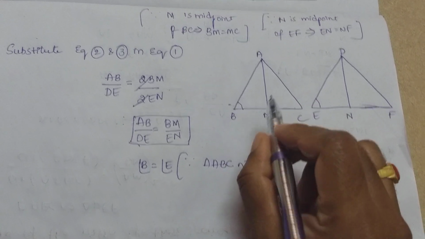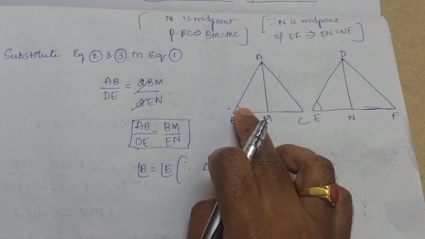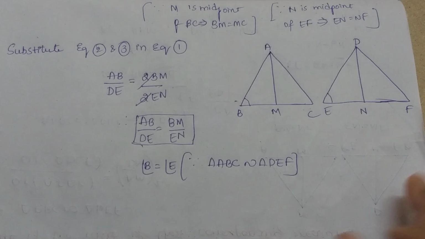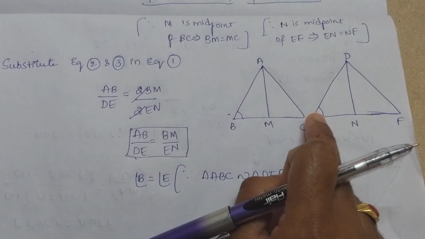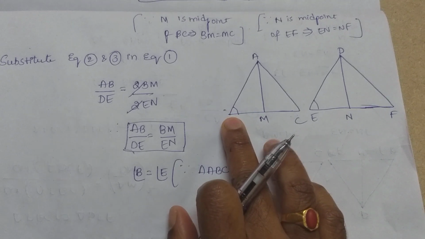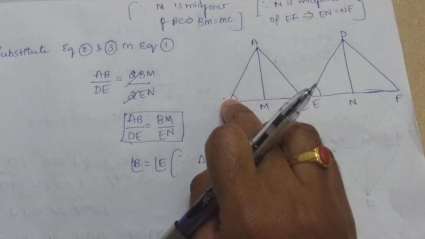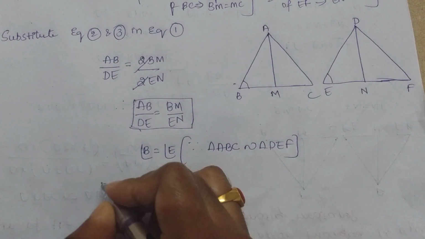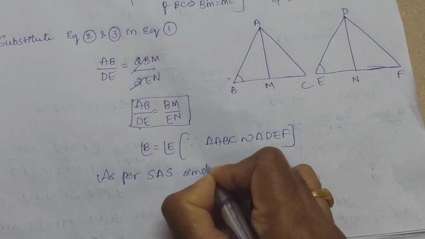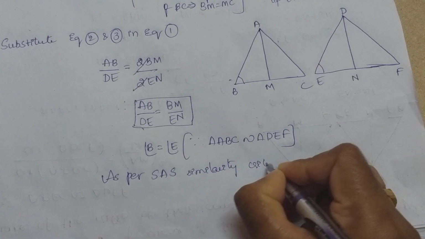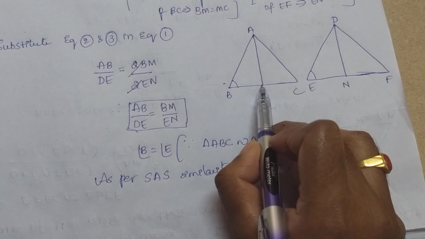So if one angle in a triangle is equal to one angle in another triangle and the sides including this angle are proportional, then as per SAS similarity criterion, the triangles are similar.